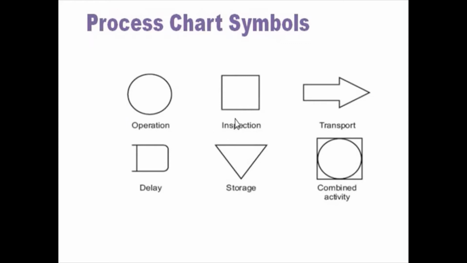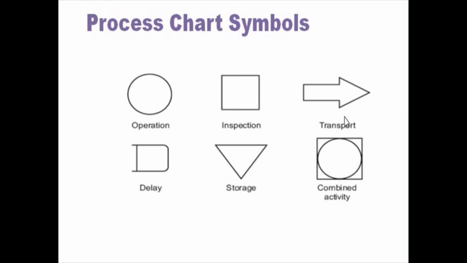The second symbol is a square, which represents inspection, or we can call it checking. For example, if the diameter of the job is required to be checked or inspected, that activity of inspection or checking is represented by the square. Any type of inspection is represented by this particular symbol. The third one is an arrow.